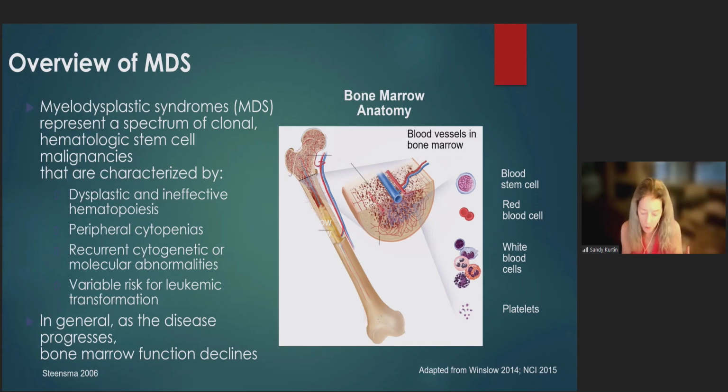We always worry about leukemic transformation, and so that prognostic scoring system is really based on the risk of leukemic transformation as well as survival. And over time, the bone marrow function just deteriorates.